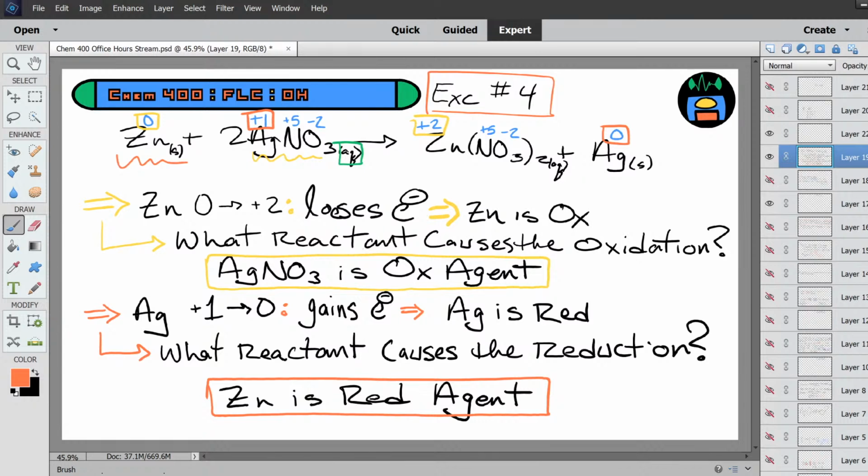Whenever you're doing the substance that is reduced, it's just an individual atom, whenever an individual element is experiencing a change in oxidation state. And once you've determined that, then you can determine the agents, because you ask what reactant caused that to happen in the reaction.